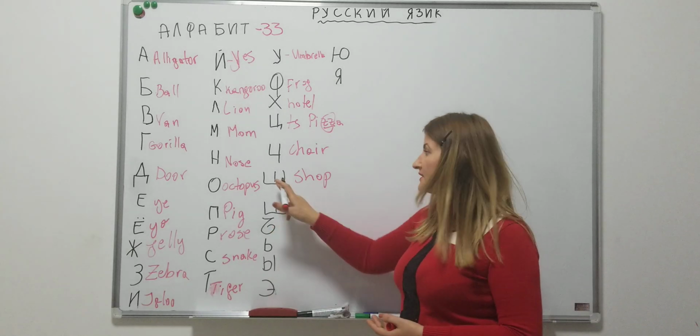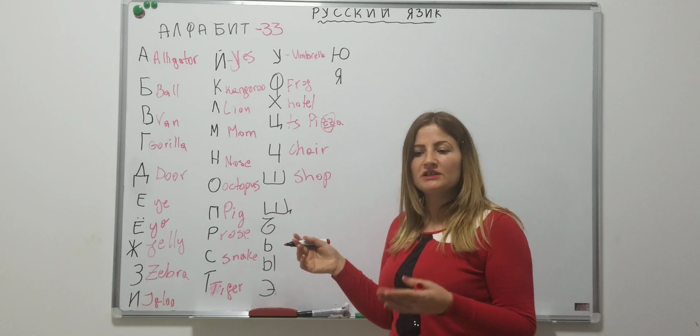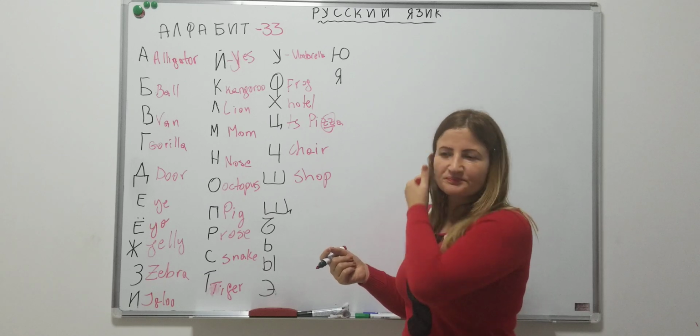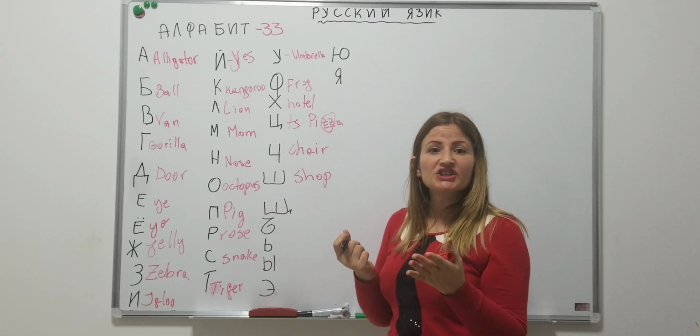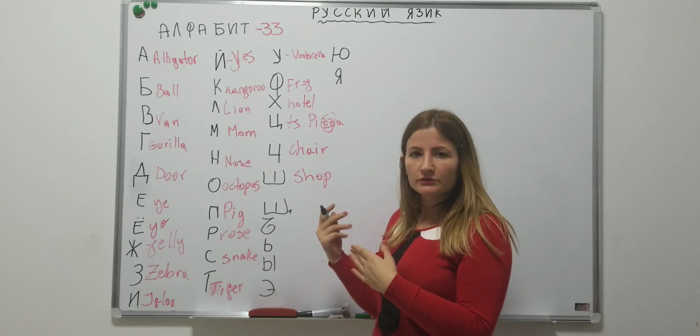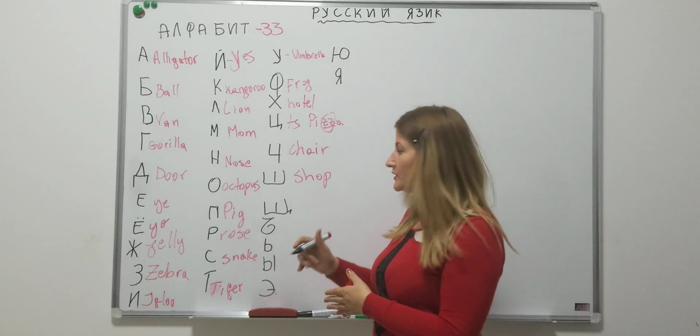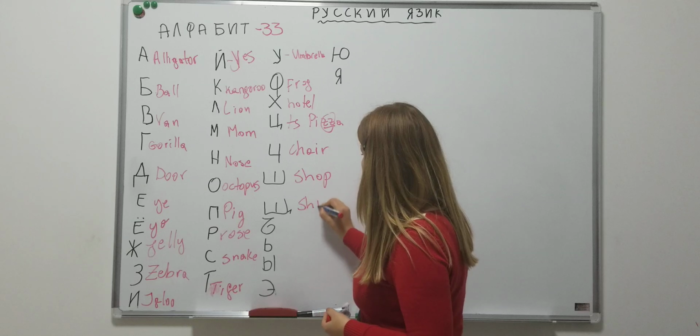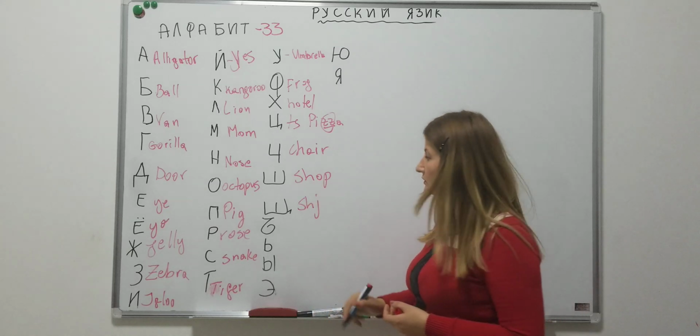This is very similar to this letter here, but actually it has a harder sound, sh. When we take the pronunciation rules, we will look deeper into this. So for today, just take that it has this sound.